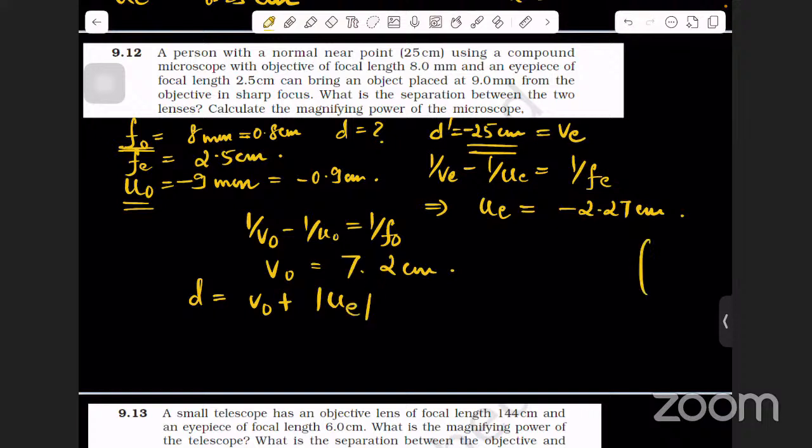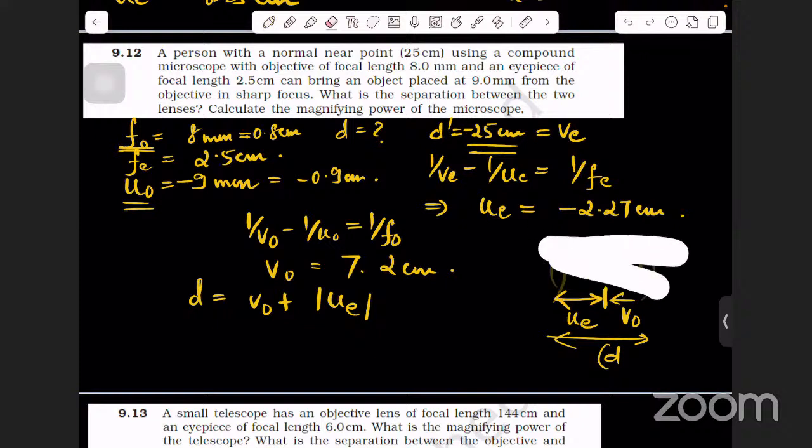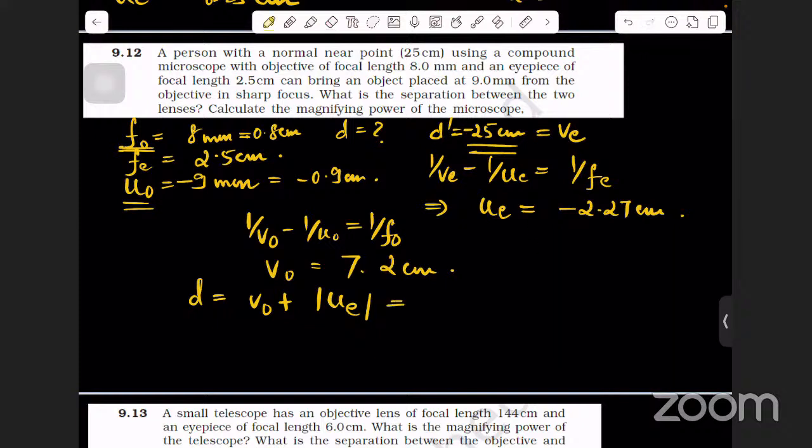This is the objective, this is the eyepiece. So this is the image formed by the objective, and this is the object distance for the eyepiece. So this sum of the distance will be the distance between the two lenses, right? So what's the value? 7.2 plus 2.27, right? Which is 9.47 centimeters. This is the value of D.